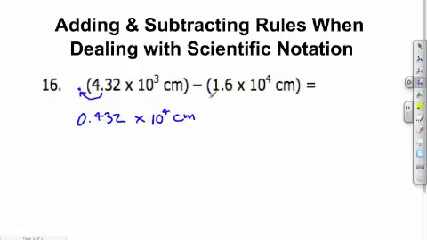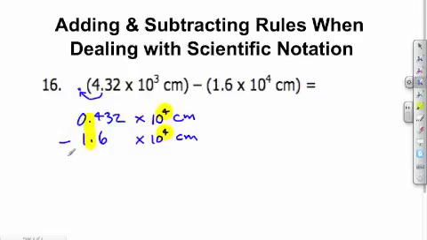All right, next I'm going to write the other number right underneath that so that the decimal places match up, and that is times 10 to the fourth as well. Again, I want to point out that our exponents match and our decimals are lined up.